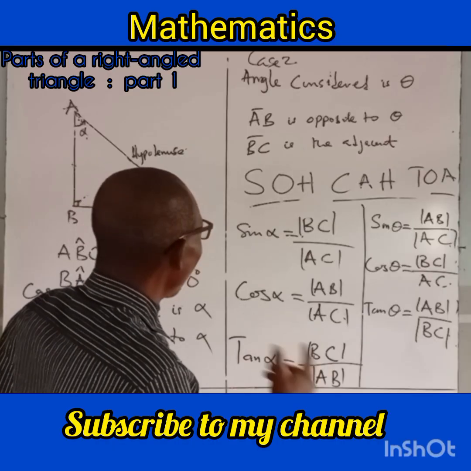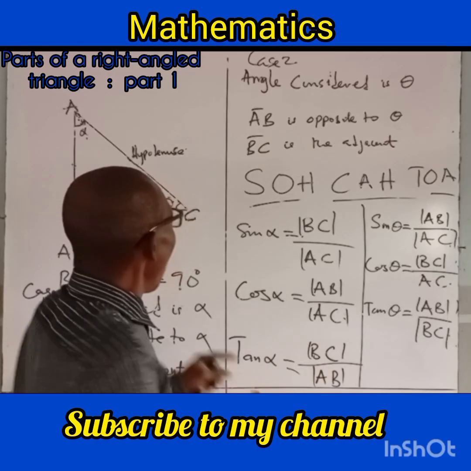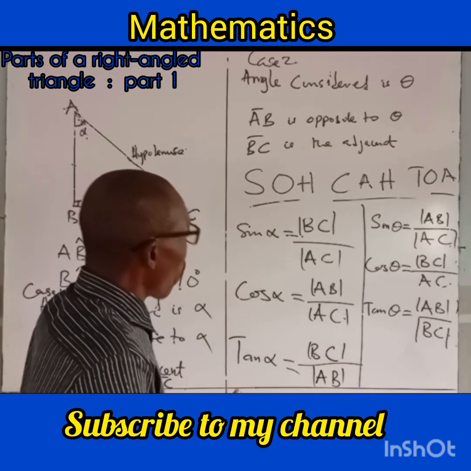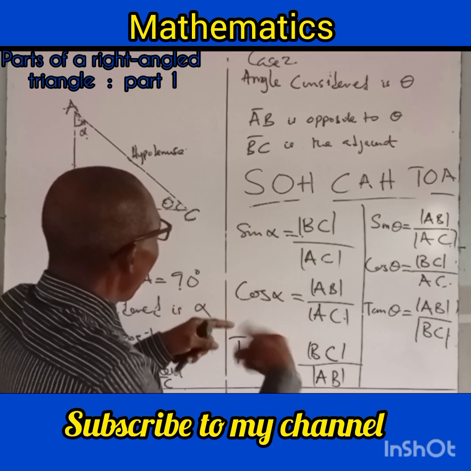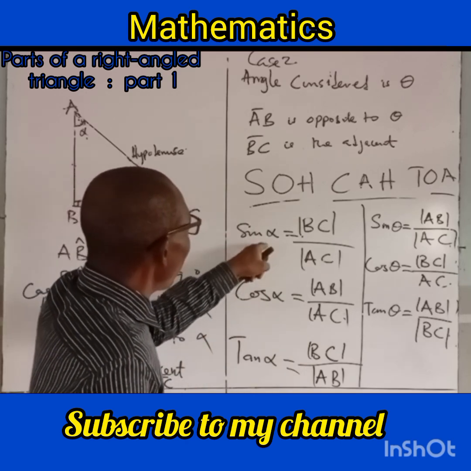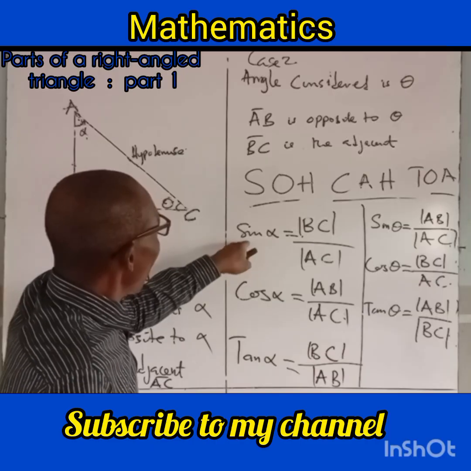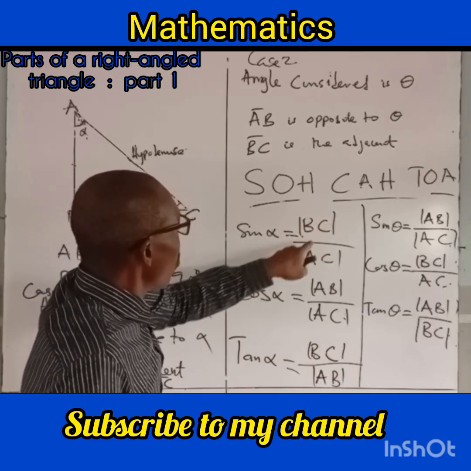When we meet in our math class, we are going to be looking at how to apply this in solving problems. So before we go, we also have the inverse, the reciprocal of each of these ratios we have mentioned. When we say sin alpha is equal to opposite over what?